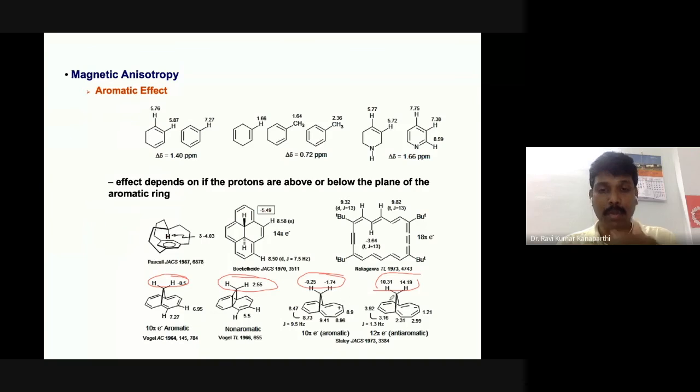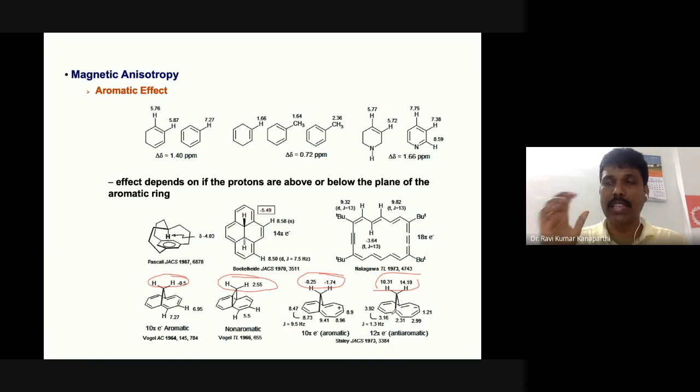Okay, but for these protons, we have to use a different concept, what is referred to as aromatic and anti-aromatic. This NMR technique, in fact, is a very nice technique to check whether a particular system is aromatic or anti-aromatic.